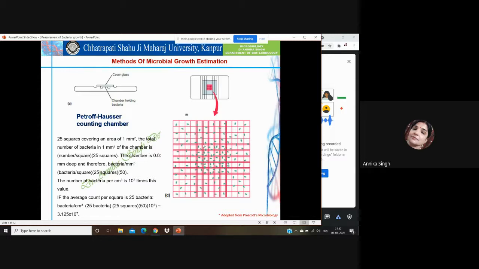So the total number of bacteria in 1 mm square of the chamber can be calculated as the number of bacteria in 1 square multiplied by 25.